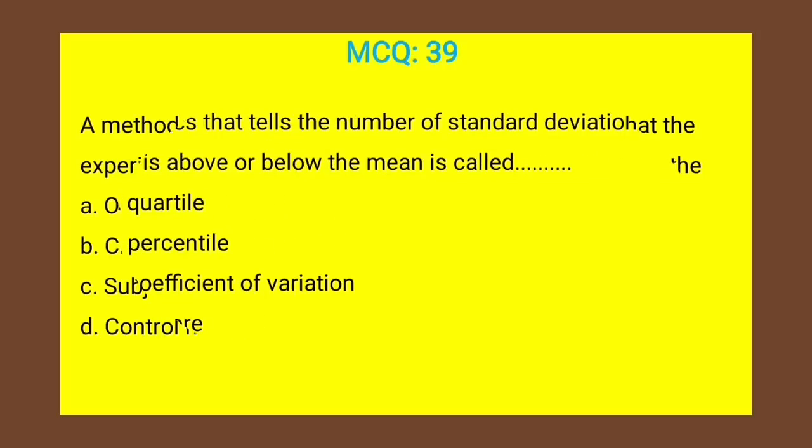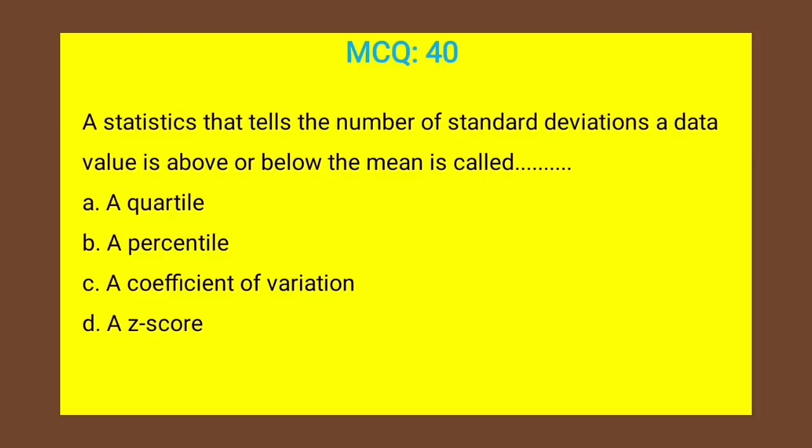Then our last set of questions for this video is question 40. A statistic that tells the number of standard deviations a data value is above or below the mean is called: A, quartile; B, percentile; C, coefficient of variation; D, a z-score.